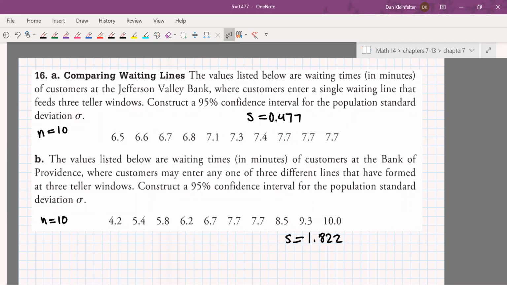And in each of part A and B, we're to construct a 95% confidence interval for the standard deviation. The n in both cases is 10, so our degrees of freedom will be 9. And then I've calculated the sample standard deviation for us to save us a little bit of time. So let's get started on these.